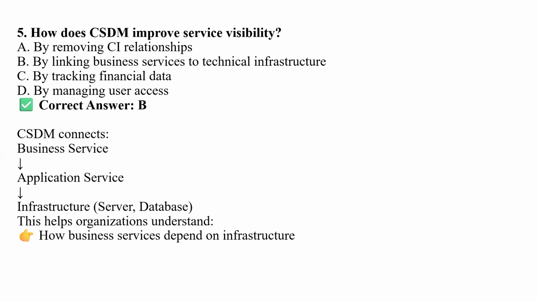CSDM connects business services to infrastructure. It creates a flow, from business service to the application to the infrastructure. For example, if a server fails, we know which service is affected. So finally, we can conclude how business services depend on infrastructure.